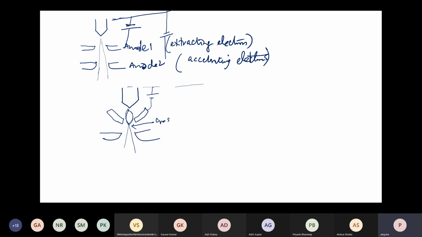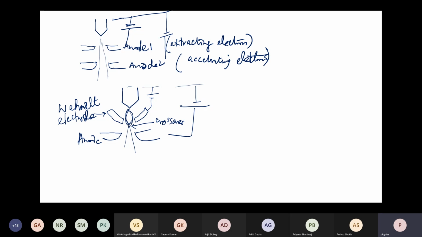This is the Wehnelt electrode, and this is maybe the anode. So this kind of structure also exists, where you have an additional electrode between the gun and the anode to focus those electrons coming out from the tip of the gun.